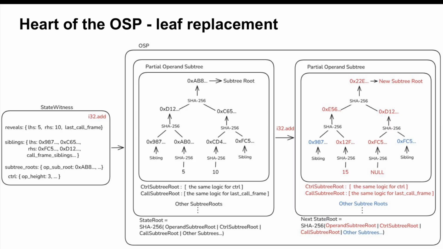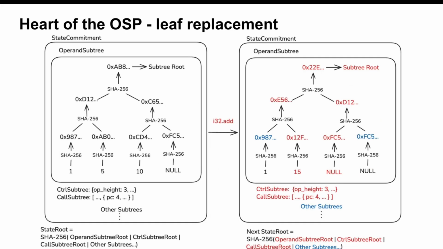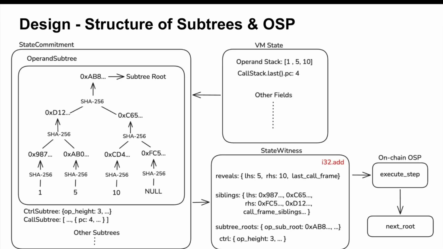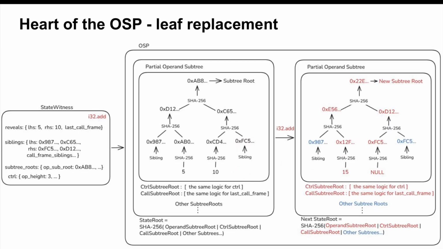And for the next step, this is on the state commitment, and we don't have this state commitment object on the chain. We only have the state witness on the chain because of this resource problem.